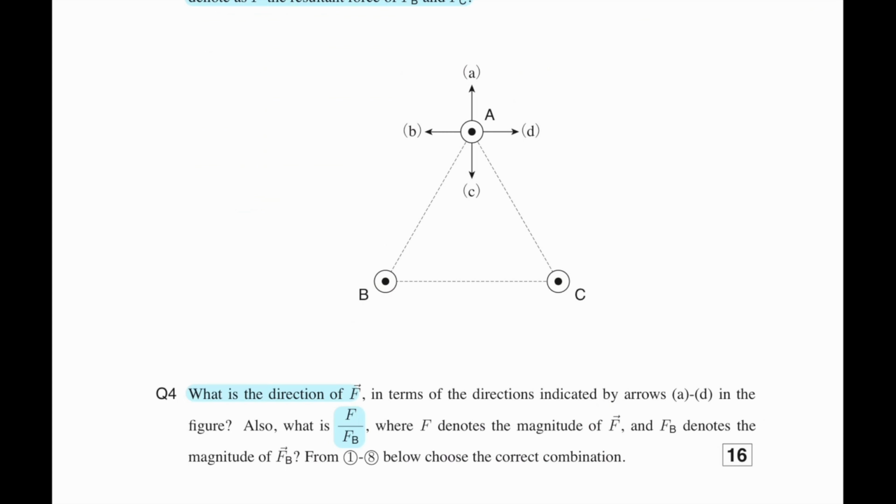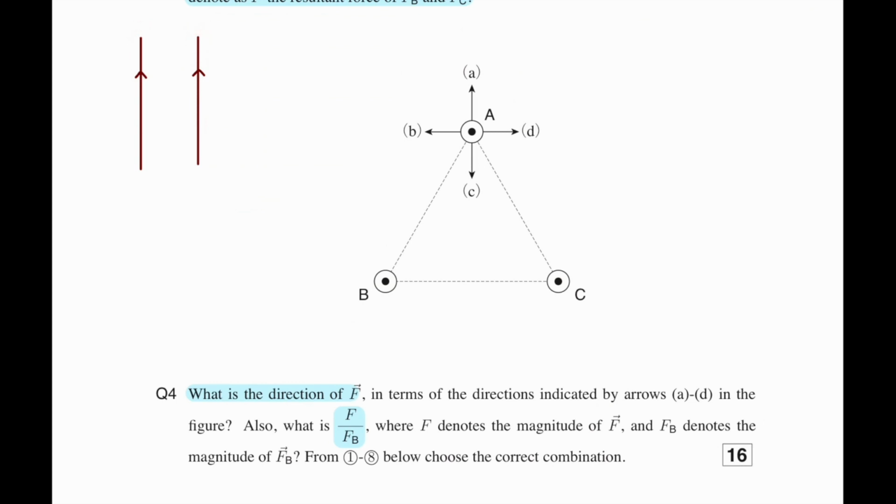So basically, if I have 2 straight wires like this, and in these wires there is a current flowing, let's say the direction of the current is the same. The direction can go up like this, or going down like this. It doesn't matter. Basically, if the current is in the same direction, then there will be a magnetic force acting on each wire.